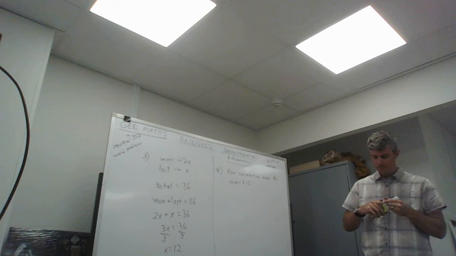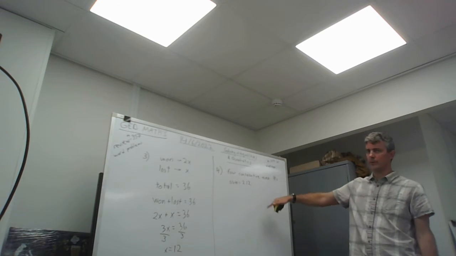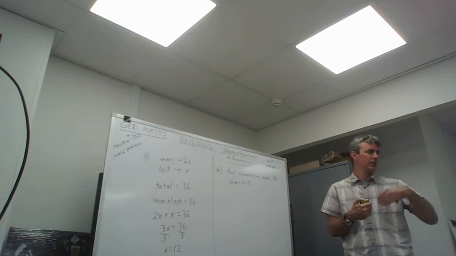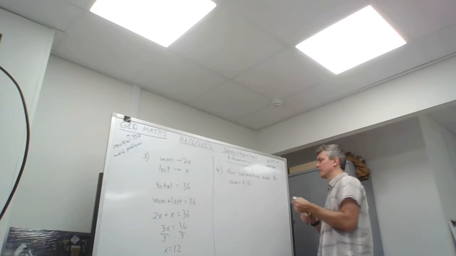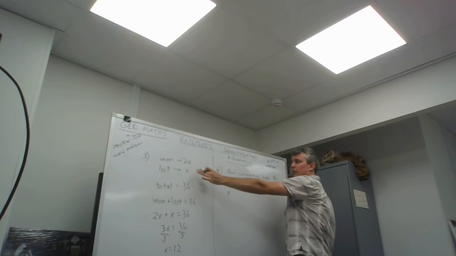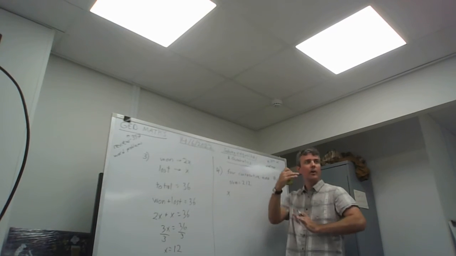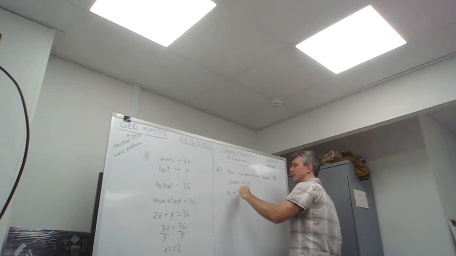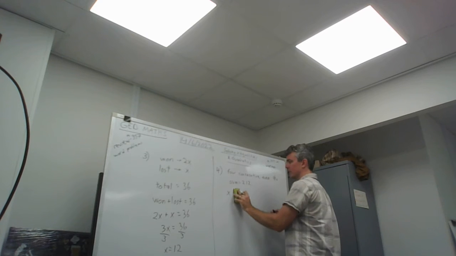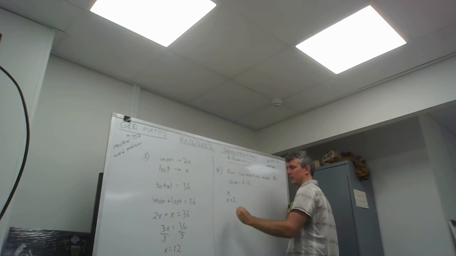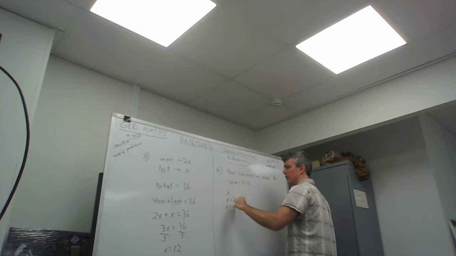Okay. So in this one we have consecutive even numbers. It means you have one, the next one is 2 more, the next is 4 more, then 6. So we start with x. That's our simple variable. Start with one variable, and the rest are in relationship to each other. So we have x, then x plus 2 is the next one, x plus 4, x plus 6.